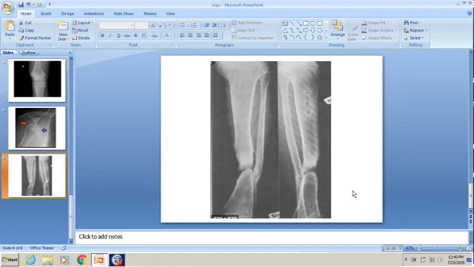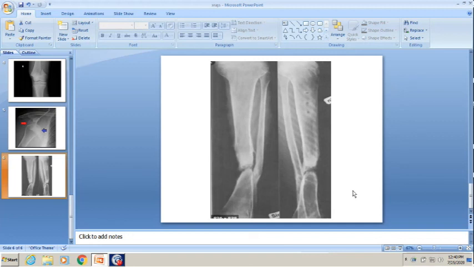Now I will ask you what are the conditions in which you will get painful non-union. Usually, most of the time, if you see clinically in OPDs, non-union patients don't have pain. Pain starts when they have a fresh fracture, then gradually the pain decreases, and in non-union after 9 months or 1 year they won't have any pain.